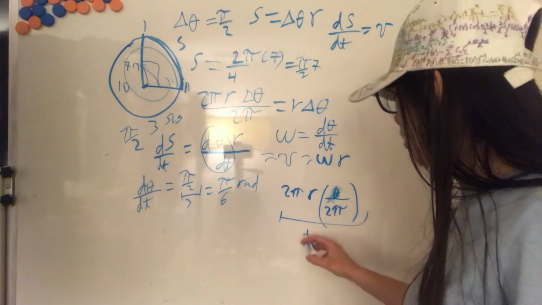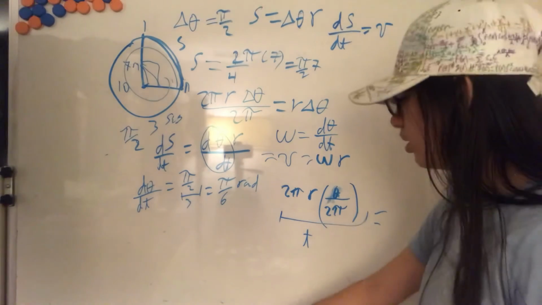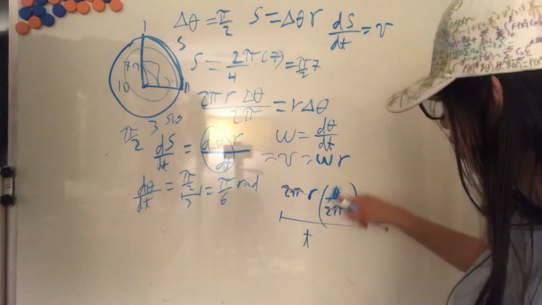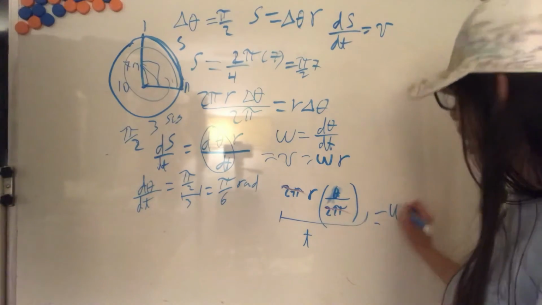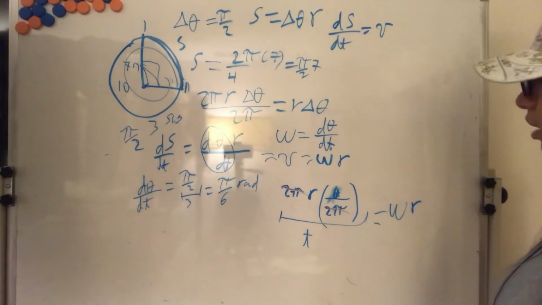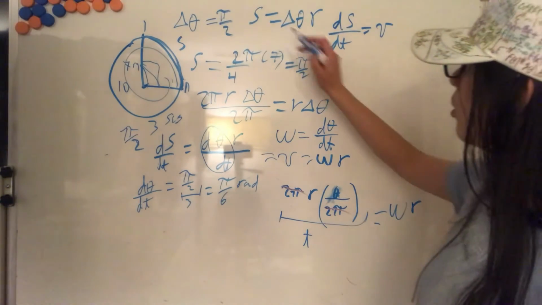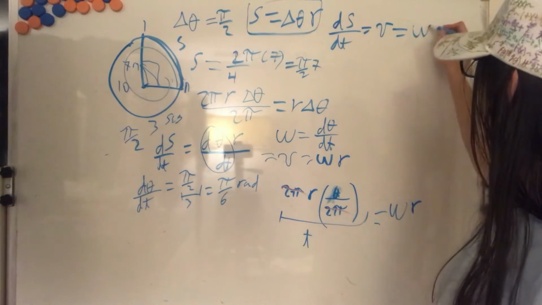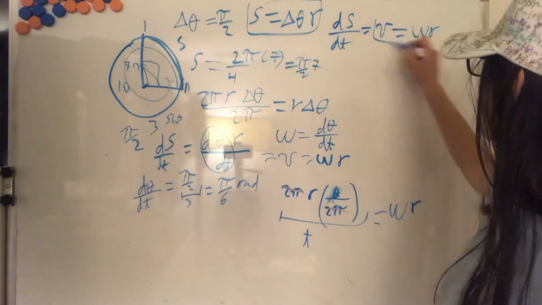So I can cancel this, and I have just theta over t, that is the angular velocity, times r.